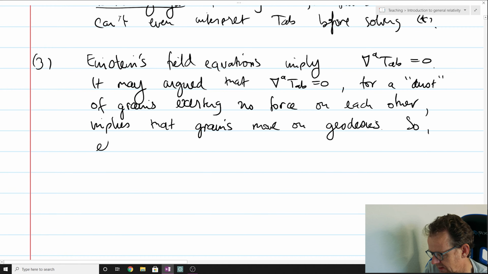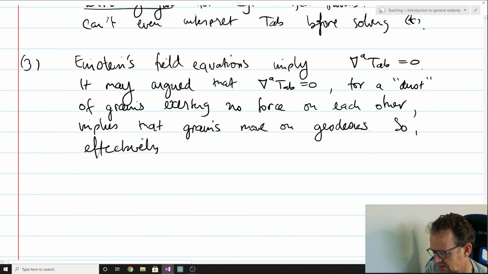So effectively, Einstein's field equations contain the geodesic hypothesis already.